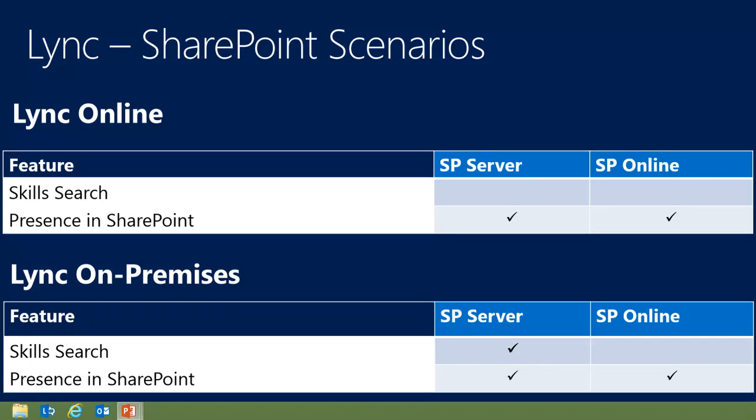I can search for that user, pull them up, look at where they are in the organization, who their peers are, who's up the chain, who's down the chain, and make a conscious decision on whether I really want to contact that person. Skill search, unfortunately, doesn't exist today, but it's something that I'm sure we're looking at.